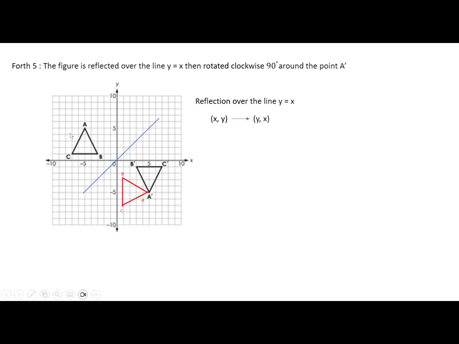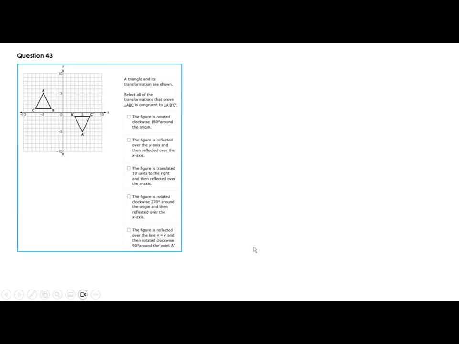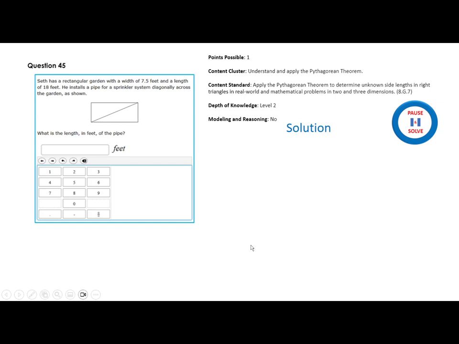If I do that, this will give me here the reflection over the line y equals x. Now if you rotate this 90 degrees clockwise like this, B will never touch B prime. So that's an incorrect answer. So our answer is the first and the second. The rest of them are incorrect.